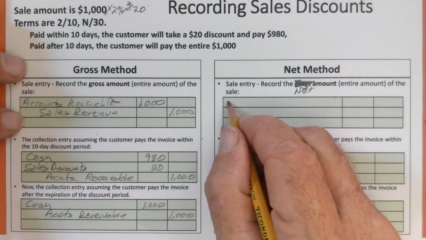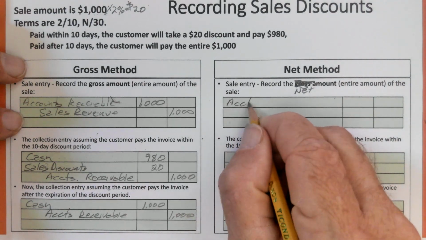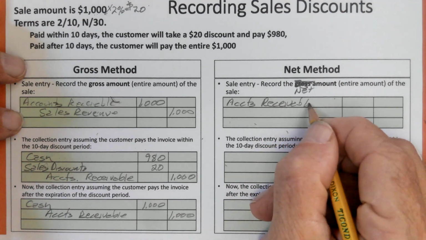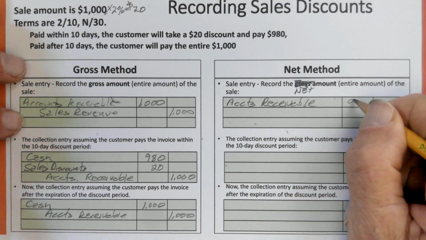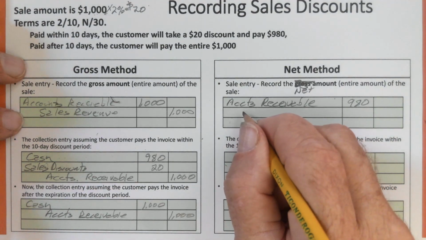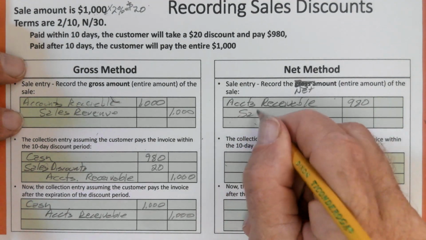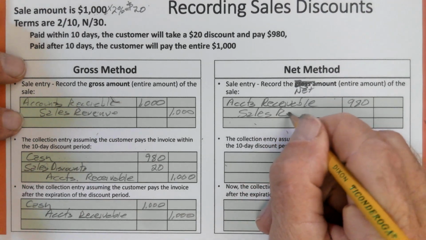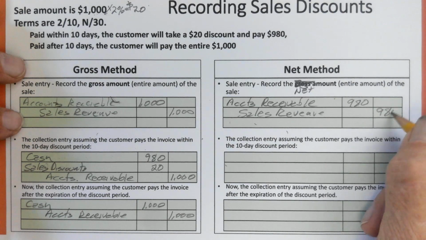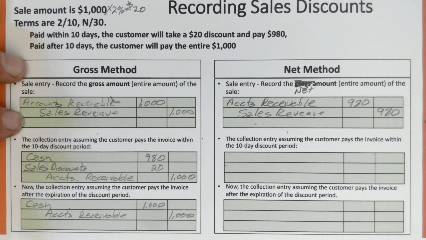So what we're going to do is record the accounts receivable for the net amount we think we're going to get, which is $980. And then we're going to credit sales revenue for the same amount, $980. There you go. Now, this makes it easy when the customer takes the discount, and most of our customers will be taking the discount.